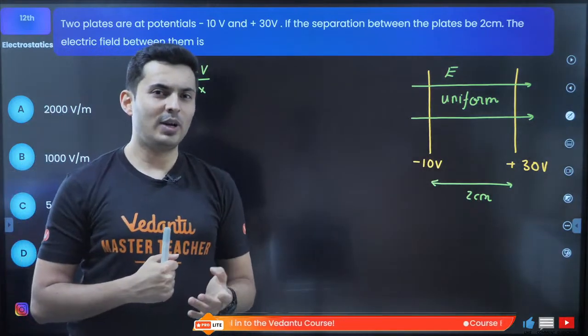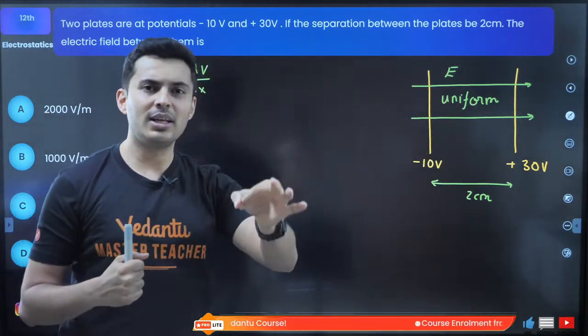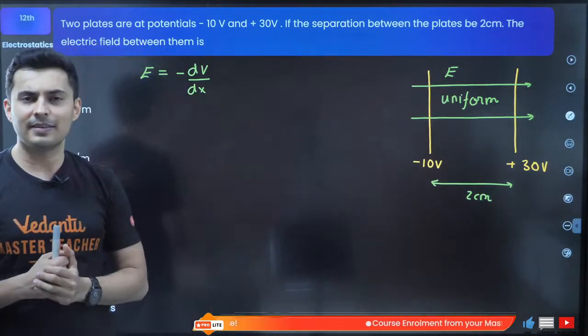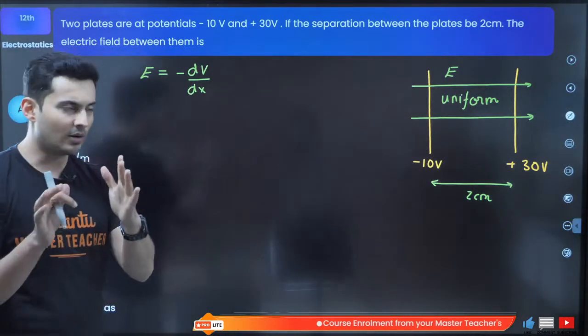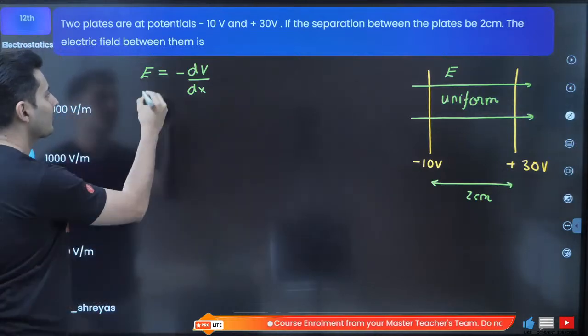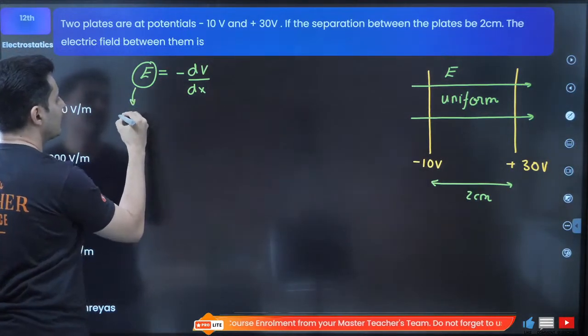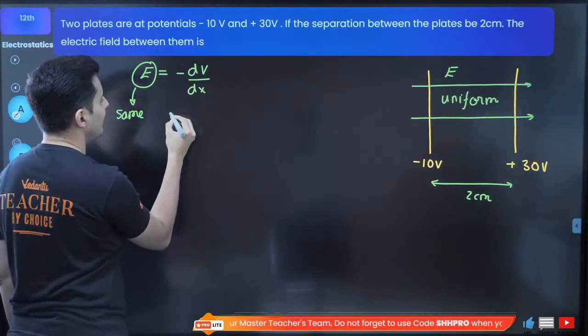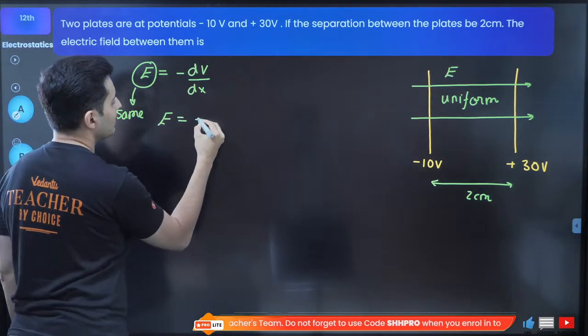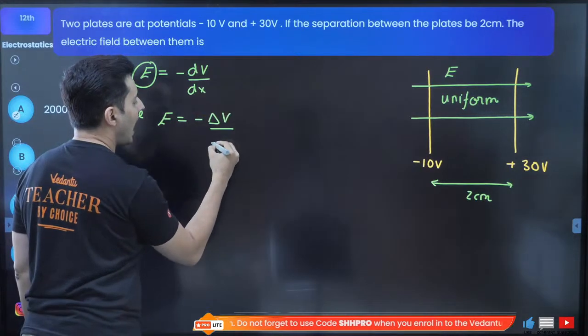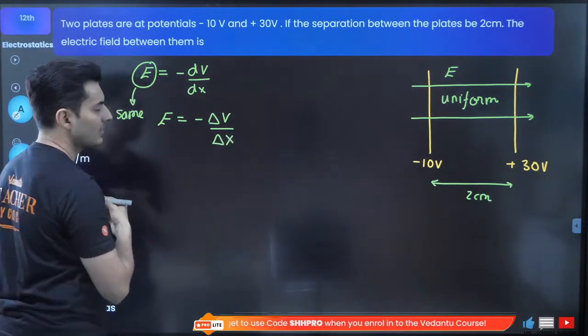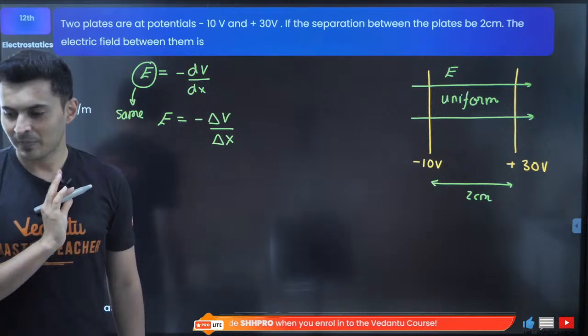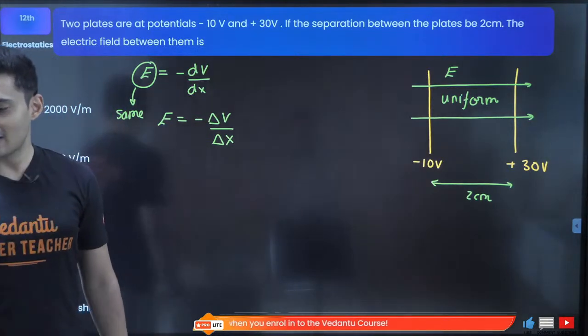Same way, when acceleration is constant, won't instantaneous acceleration and average acceleration be the same? Here also, the field is uniform. So if this field is same throughout, won't the instantaneous value also be equal to the average value delta V by delta X? Everybody agrees with this? I hope this is clear.